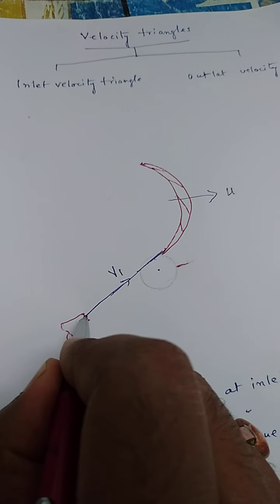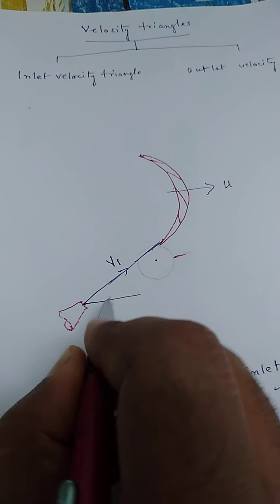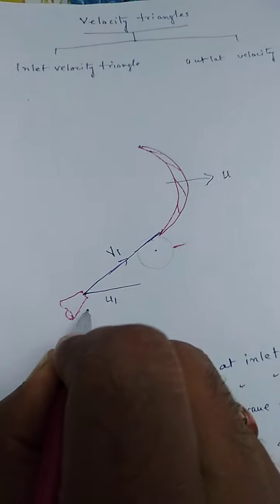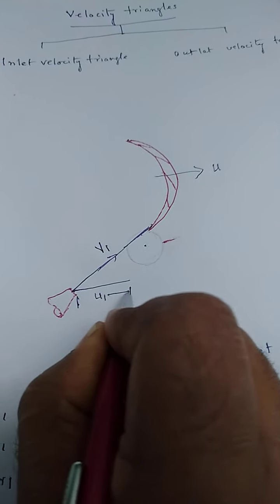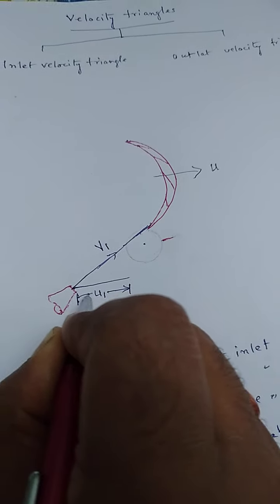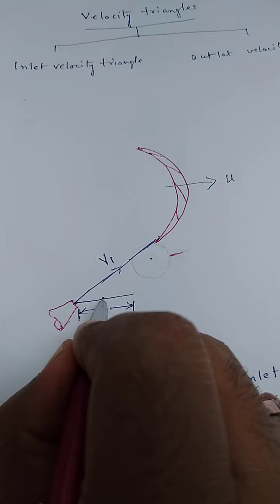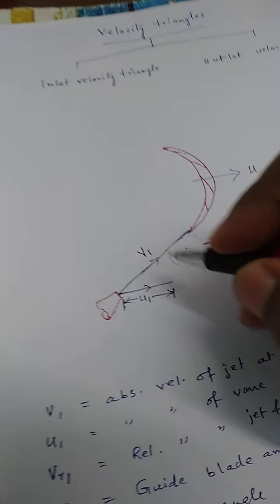Suppose the velocity of the blade is this much, and we call it U1, where 1 stands for inlet and 2 stands for outlet. This U1 is in this direction.